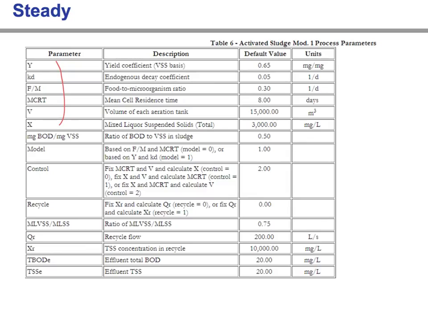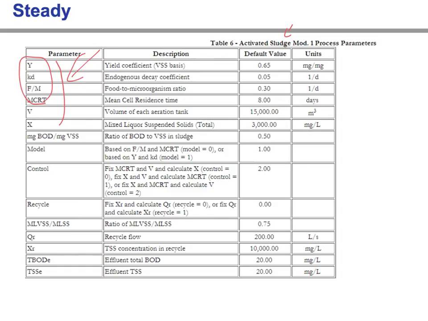Fortunately, we already have default values for these biological parameters, so we can just use them unless we have additional information. You don't need to change these four parameters if you don't have other information.